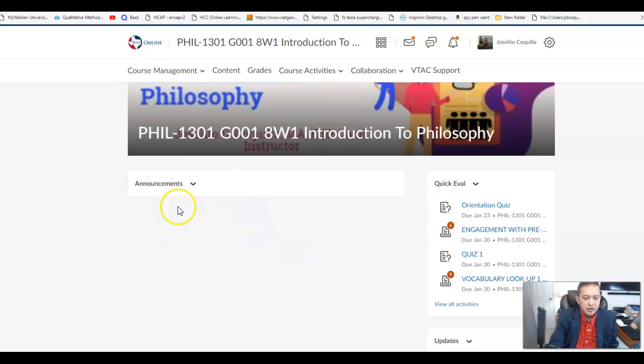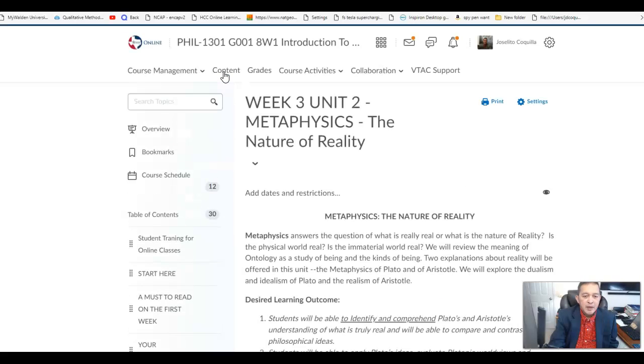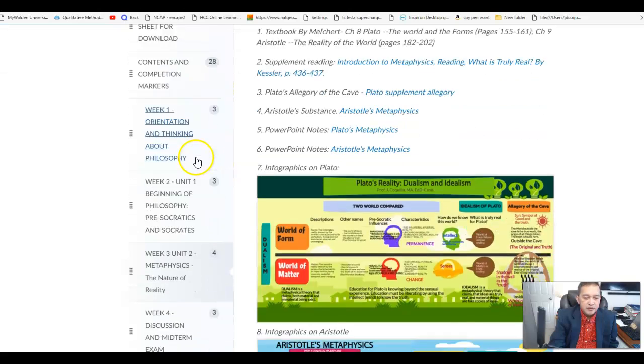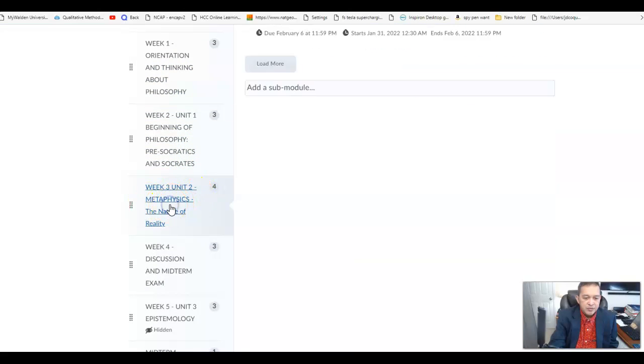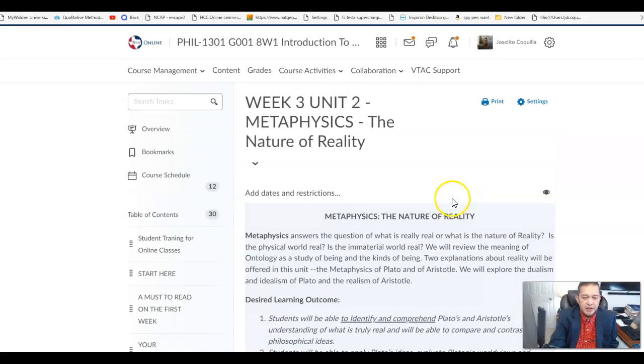So I will go to contents and go to week 3. So this is week 3, and in week 3 it says metaphysics, the nature of reality.